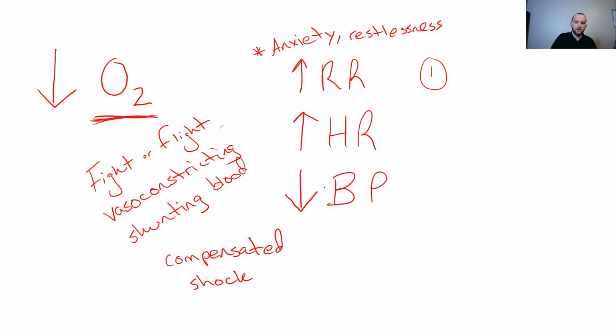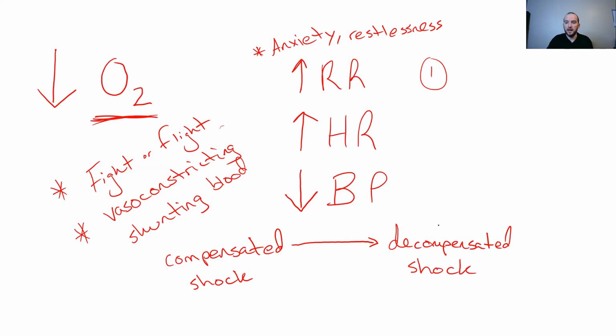Okay? But as we start losing that battle, as this fight or flight response doesn't keep up, because they're still having this anaphylactic process, or they still have this spinal cord trauma, or they're still having this MI, whatever the cause is, if that doesn't get fixed, eventually that's going to start to fail, and we'll go to decompensated shock.